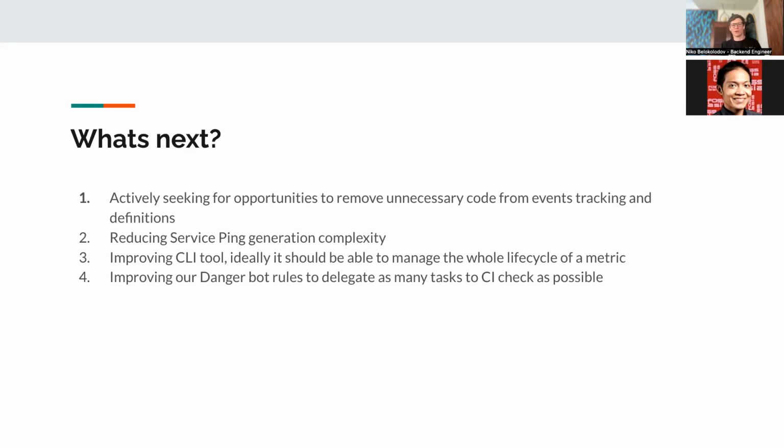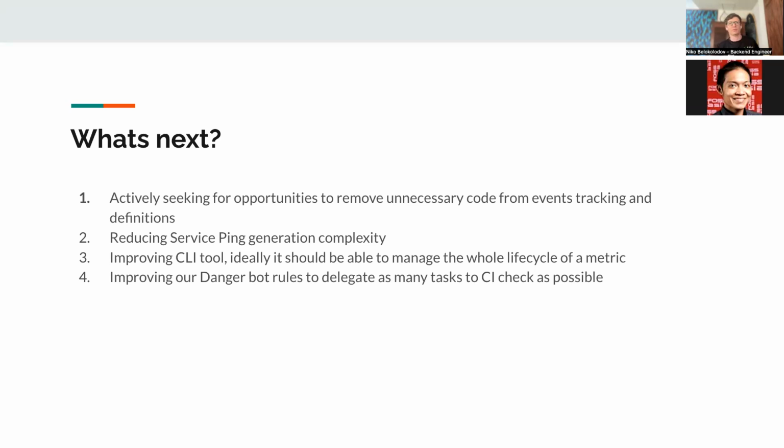So what's next? Of course, our job doesn't stop here regarding our tools. We're actively seeking opportunities to simplify things by removing unnecessary parts. In the current quarter, we have some really optimistic goals: making it even smaller, so it's not necessary to create a lot of big config files, even though they're created by a machine, because they still have to be reviewed. We're also trying to reduce service ping generation complexity.